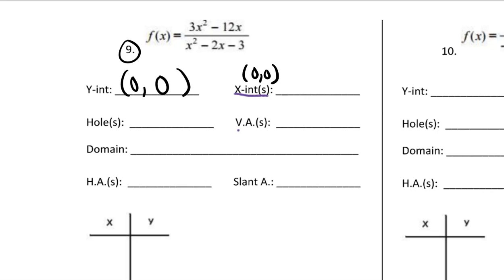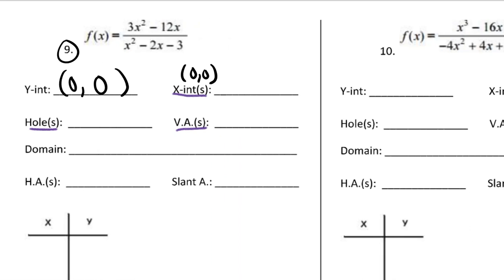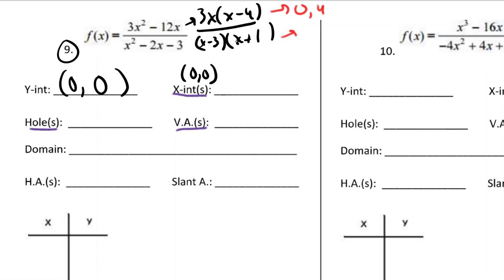For these three, we need to know which numbers make the numerator 0 and denominator 0. So that implies that we need to factor. So anytime you've got a GCF, you should factor it out. And then once it's factored, it's a lot easier to see where this equals 0, where this equals 0, where this equals 0, and where that equals 0.